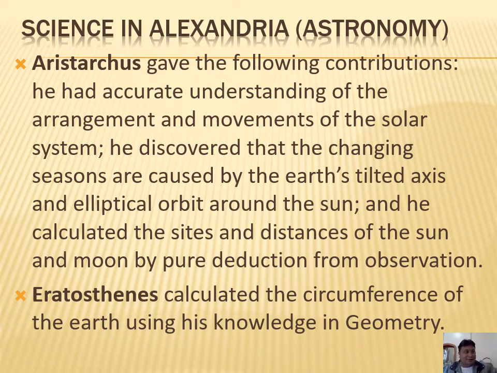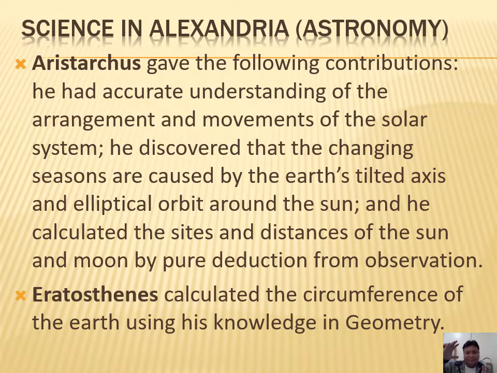It is because of the tilted axis. Why? It's because the rays of the sun are more concentrated in the southern hemisphere, the sun is closer in the southern hemisphere rather than in the northern hemisphere.